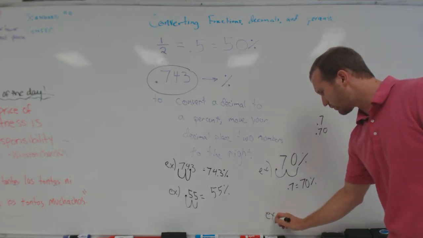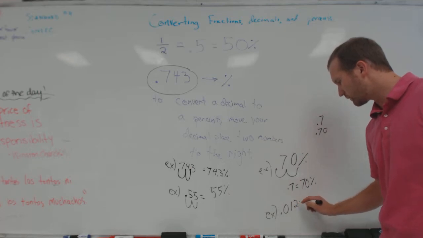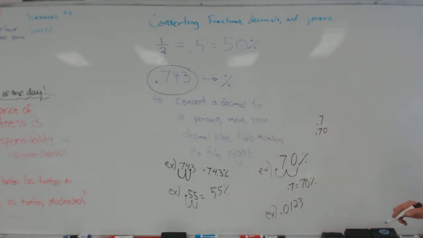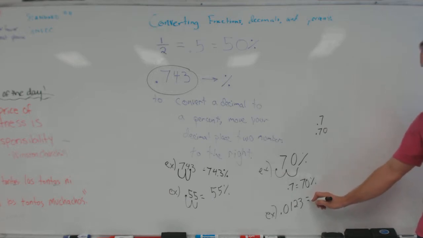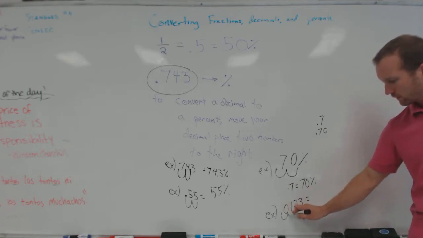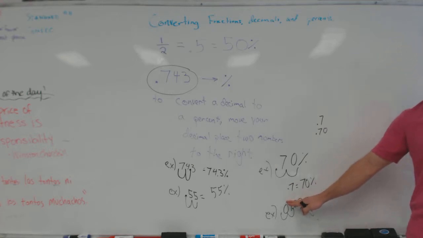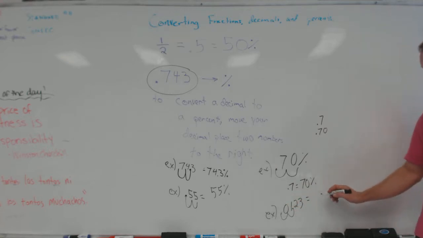How about this example? What if I had 0.0123? As a percent, I'm just going to take my decimal place, 1, 2 numbers over. So the 0 counts as a space.